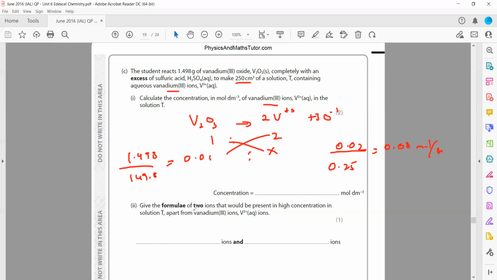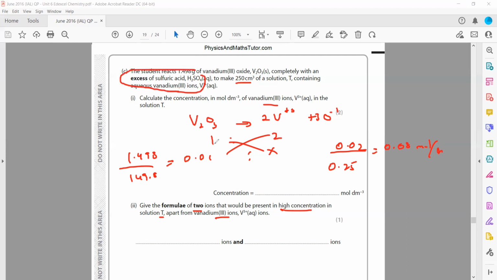Give the formula of two ions that would be present in high concentration in solution T, apart from the vanadium(III) ion. So other than vanadium(III) ions, what are the ions present in the solution? As you can see in the question, they already mentioned that we are using an excess of sulfuric acid.